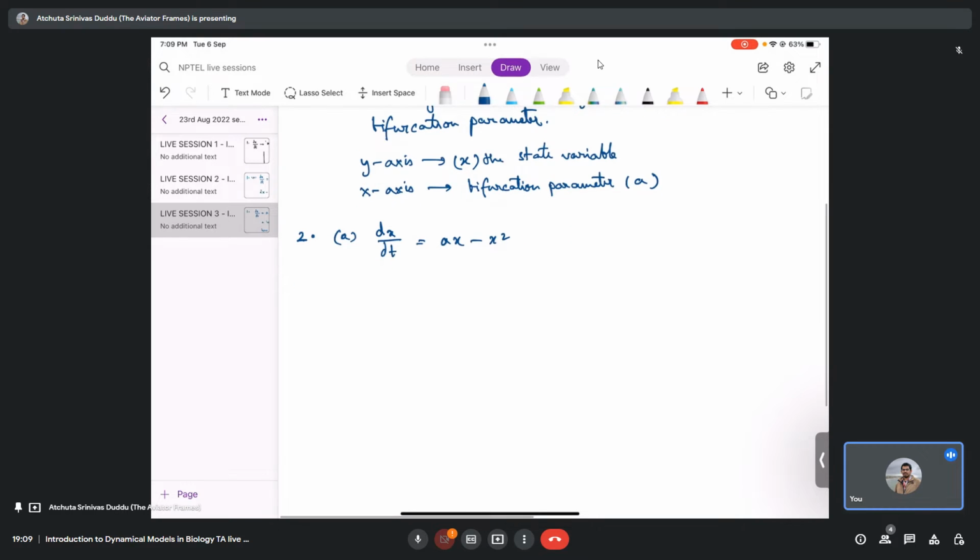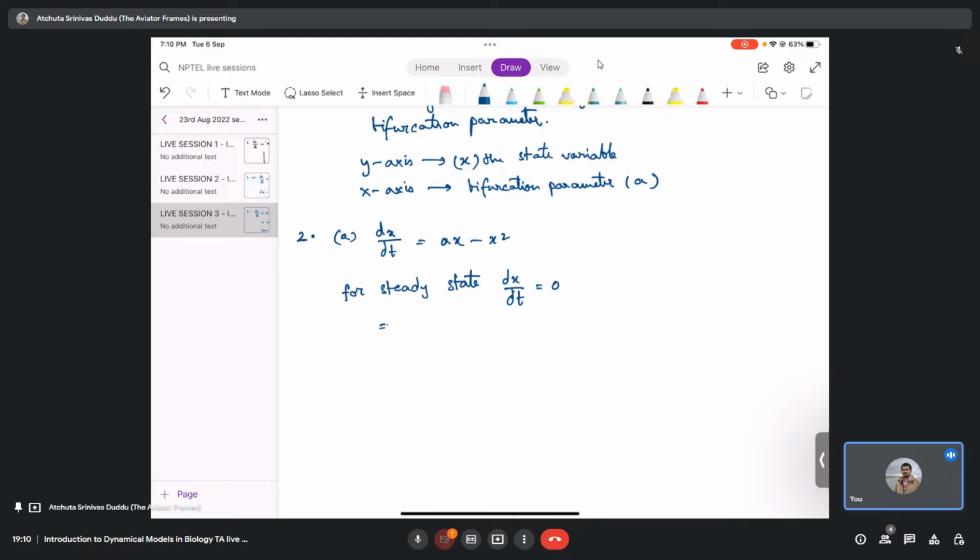Now let's consider the steady states of the system. For steady states, we take dx/dt equal to 0 to find out what the steady state behavior of the system is.